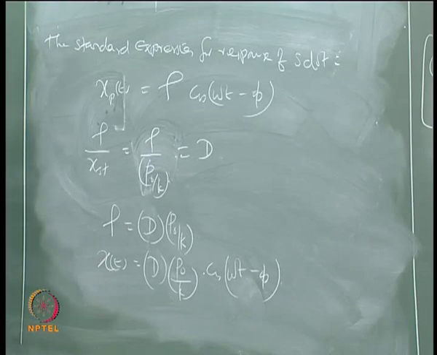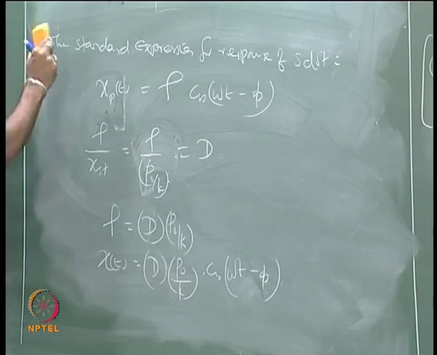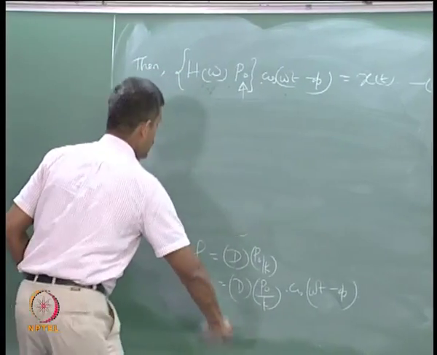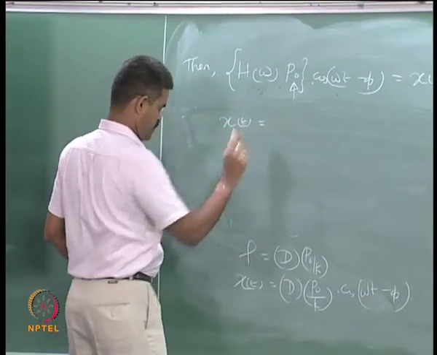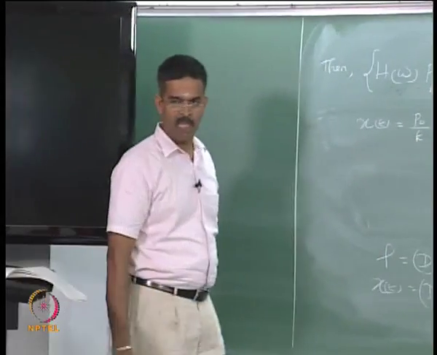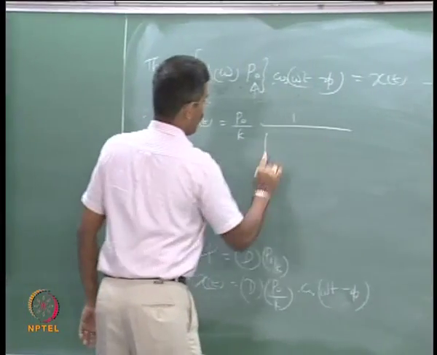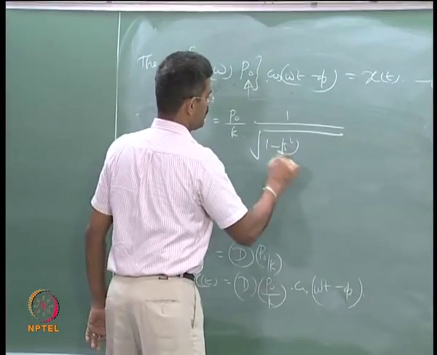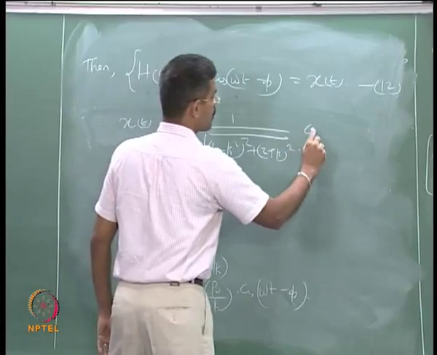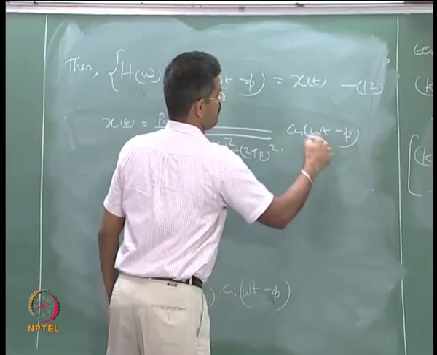And what is D? Yeah, dynamic amplification factor. I will rewrite it. So x of t is p naught by k of root of 1 minus beta square plus 2 zeta beta square of cos omega t minus phi.